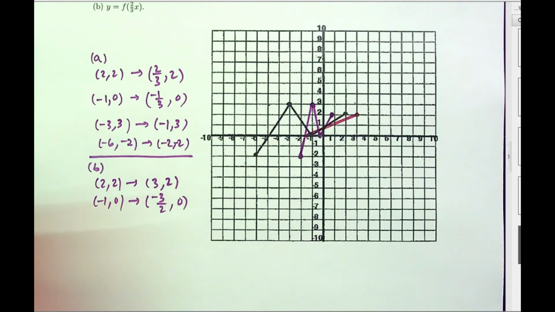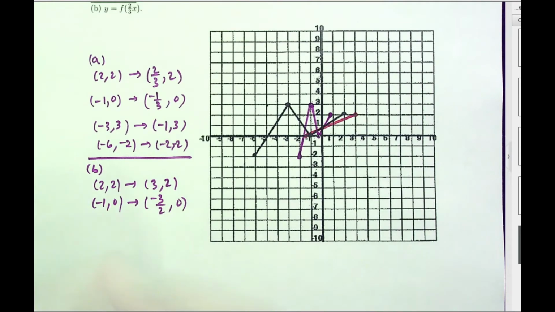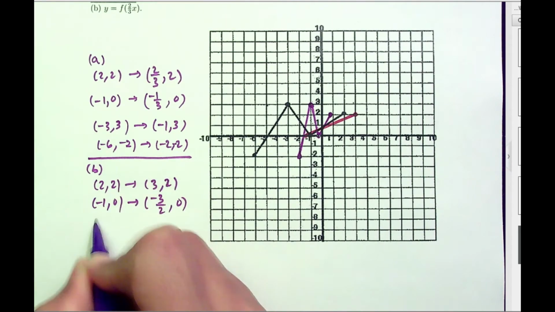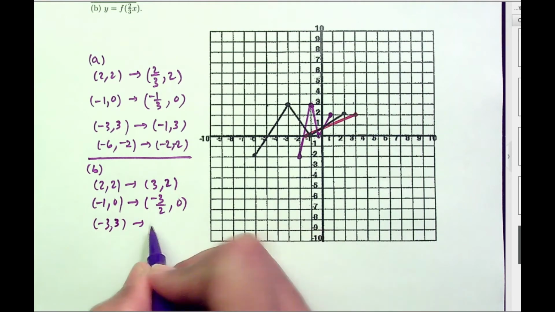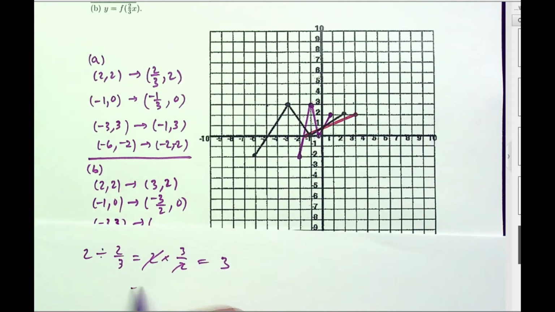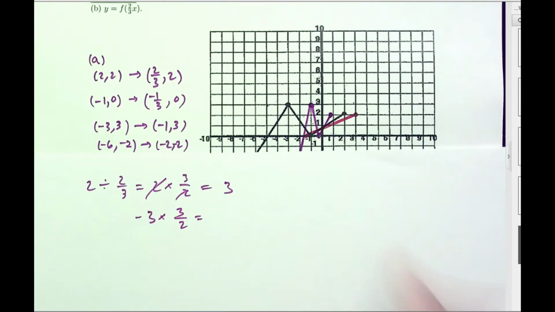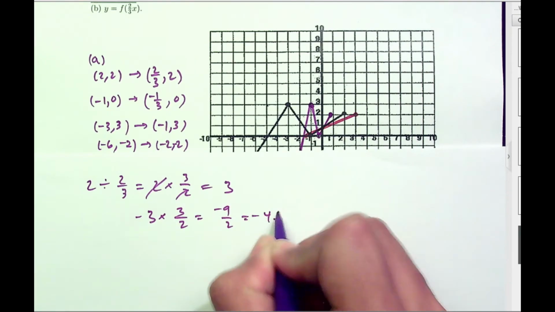Okay, now let's do the next point. The next point is this one right here, -3, 3. Divided by 2/3 is the same as multiplying by 3/2. -3 times 3/2 is, what's that? That is -9/2, which is -4.5.